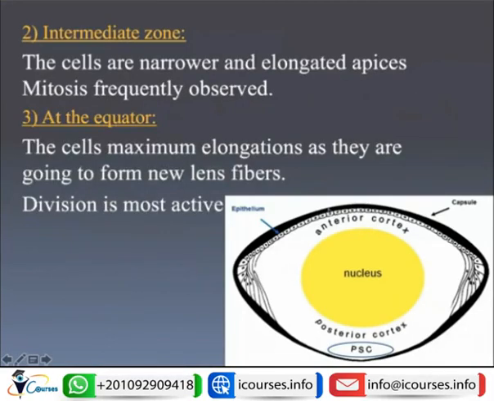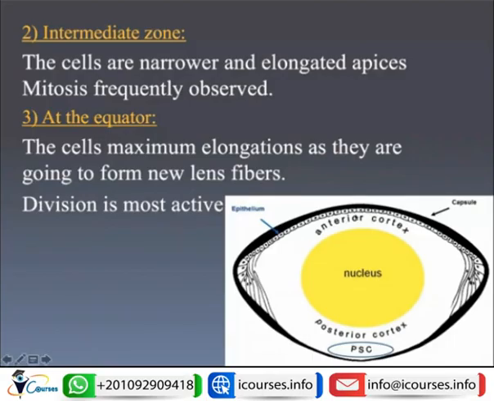However, as we go toward the periphery in the intermediate zone, the cells of the epithelium become narrower and more elongated with increasing mitosis, and so the lens epithelium becomes more active. Here we come to the equator, where the epithelium shows the maximum elongation and the maximum mitosis, and this is because this equatorial lens epithelium will form the lens fibers.